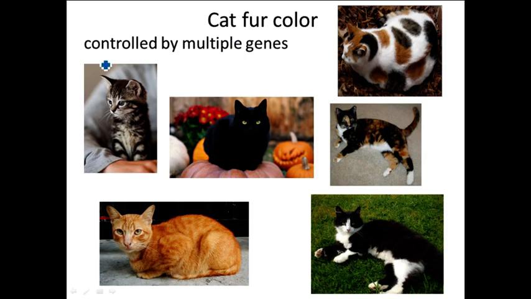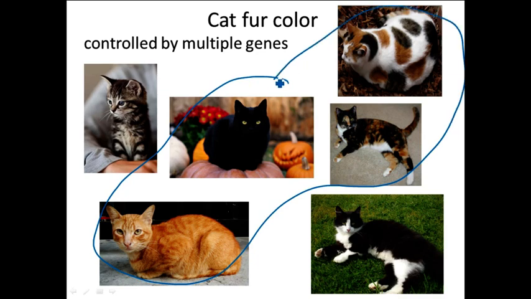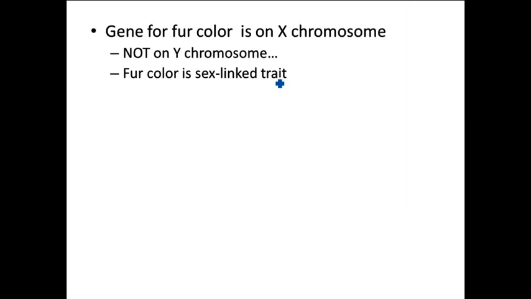We are not going to look at tabby cats, and we're not going to look at this whole pattern of distribution. We're just going to look at black cats, orange cats, and calico cats. So we're definitely not looking at the full spectrum of cat genetics for coat color.